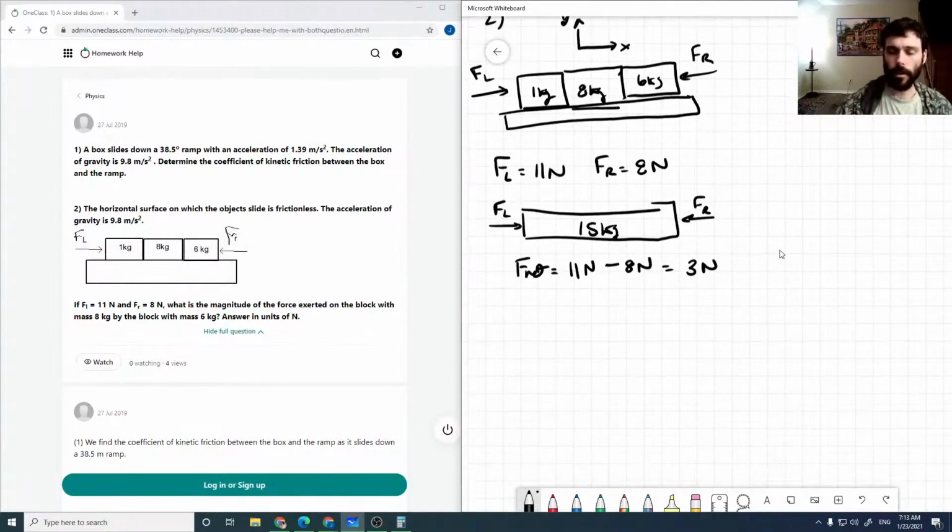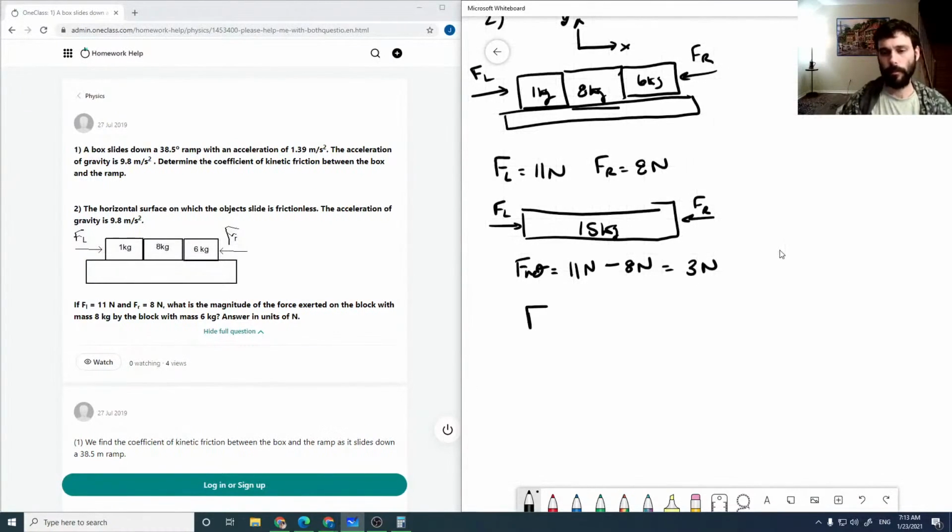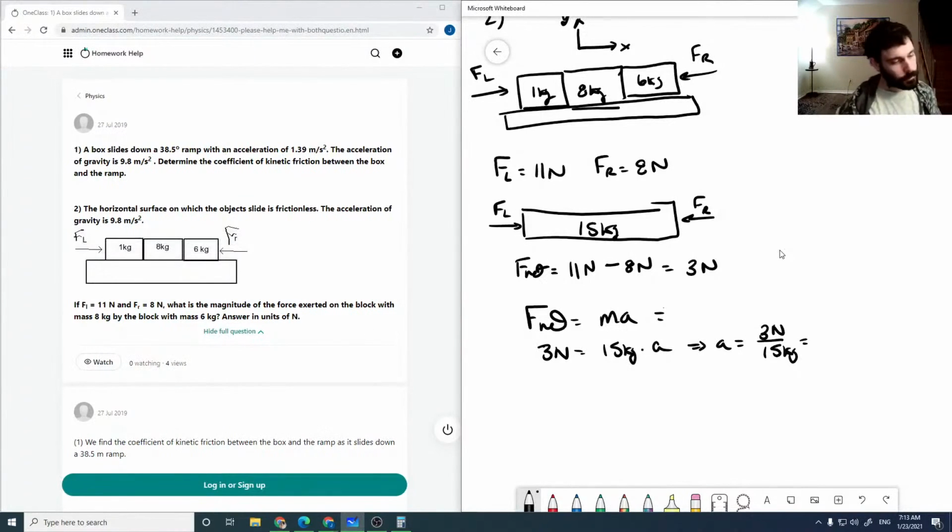So F net is ma, so 3 newtons is equal to 15 kilograms times my acceleration, which means that my acceleration is 3 over 15, which comes out to be 0.2 meters per second squared.